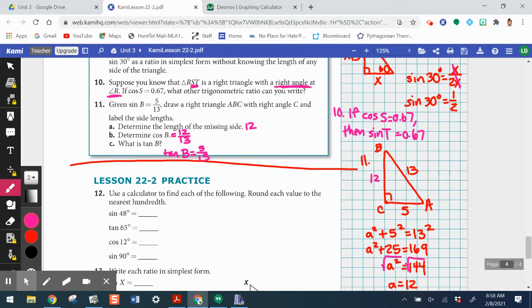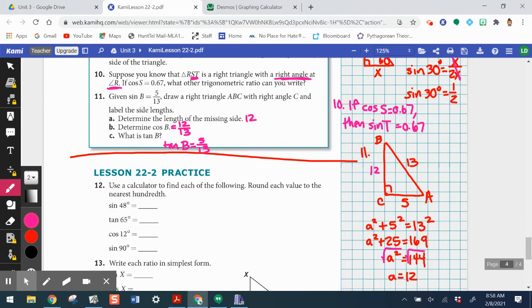And then number 11, I really like this question because it goes back and it applies what you learned in lesson 20 using the Pythagorean theorem. It says, given the sine of B is 5 over 13, draw a right triangle ABC with right angle C and label the side length. So initially, you don't know that this side is 12, but I drew a right triangle ABC, labeled C as the right angle.